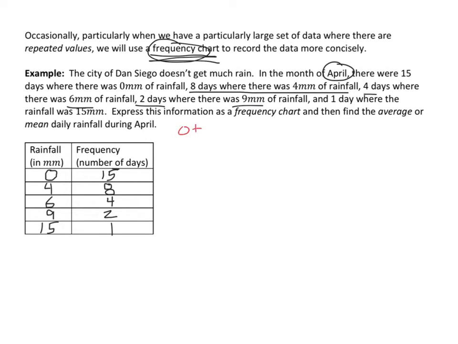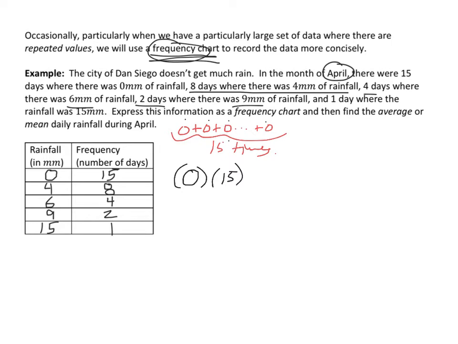Instead of writing 0 plus 0 plus 0 plus 0, 15 times, what I'll do is say, wait a minute, I got 0 rainfall 15 times. Like 0 times 15 literally means 0 plus 0 plus 0 plus 0, 15 times, right?